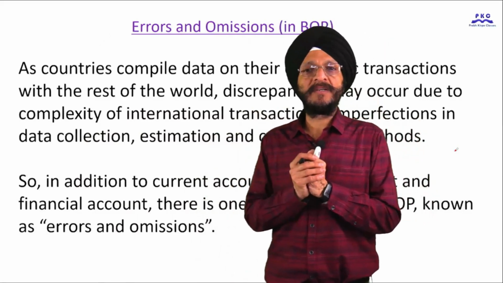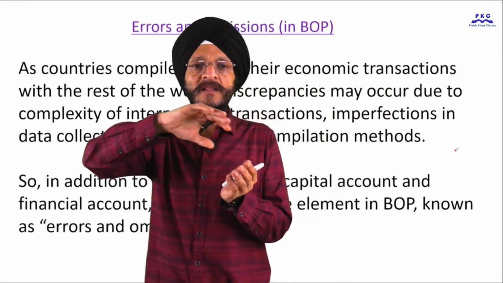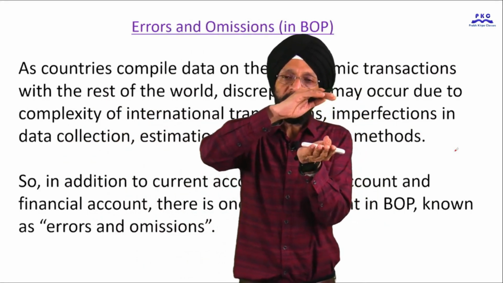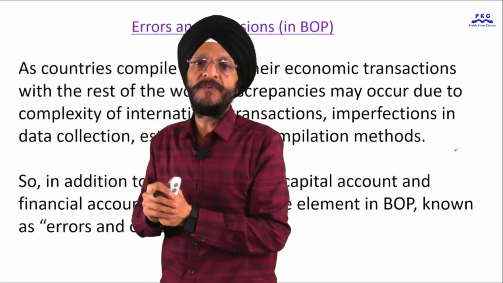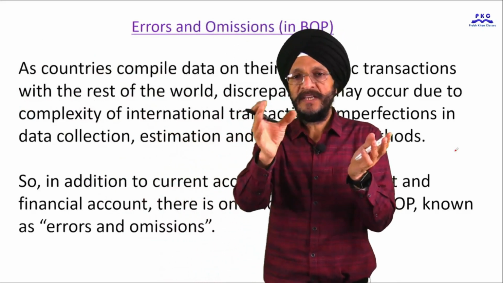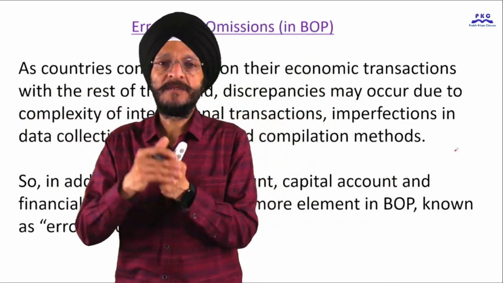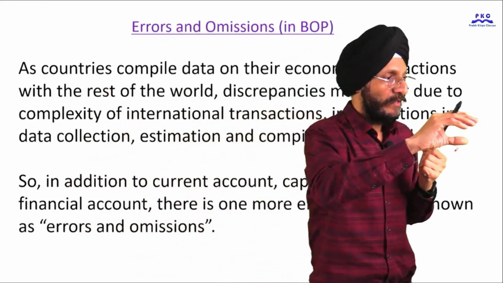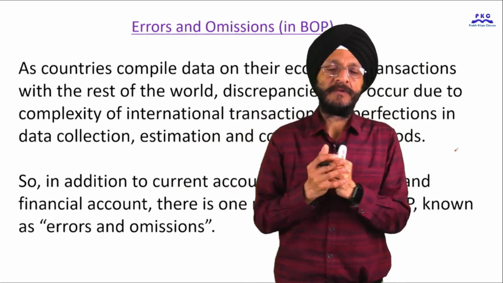In balance of payments, we make record of all the economic transactions which take place between the residents of one country and the rest of the world during a specified period. In the residents, we include individual residents, businesses, government and its offices situated within the country.